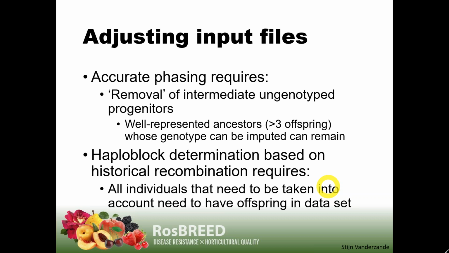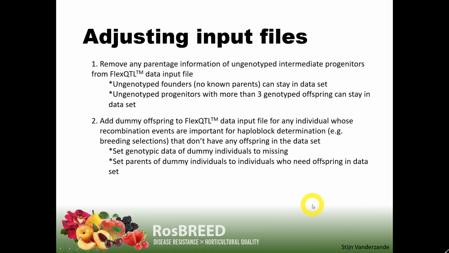So visual FlexQTL will assume that anything with at least one offspring in our data set is selected material, and anything without offspring is unselected material. And so we'll need to adjust our data set slightly, so that we can accurately determine our haploblocks.